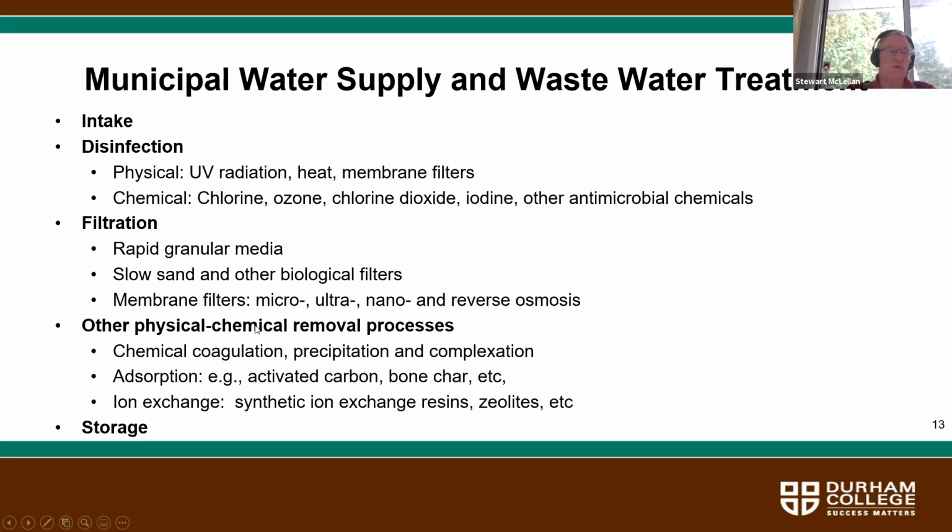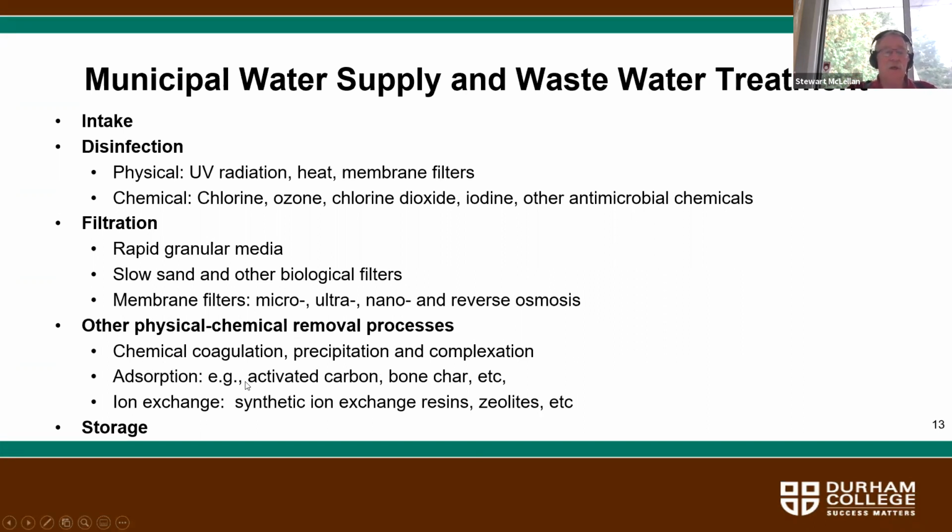Other physical chemical removal processes can be chemical coagulation, precipitation, and complexation, adsorption, for example, activated carbon, bone char, or ion exchange, synthetic ion exchange resins, zeolites, etc. So after the filtration process, I want to say most water treatment facilities then have a chemical coagulation process where they usually add a substance like alum to the water, and the alum results in the coagulation of fine suspended materials, which can then be settled.